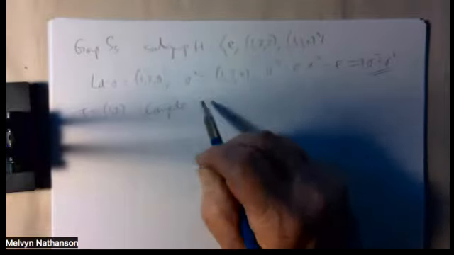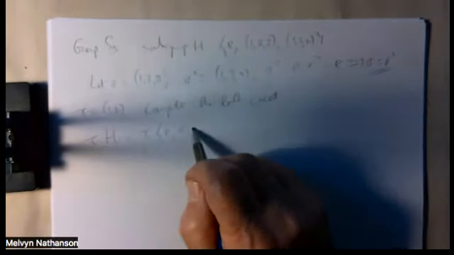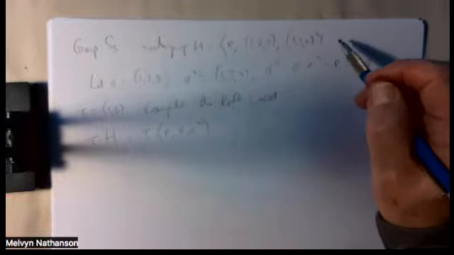Suppose I take tau to be the transposition (1 2). I want to compute the left coset tau H. So this is tau times this set of E, sigma, and sigma squared, right?